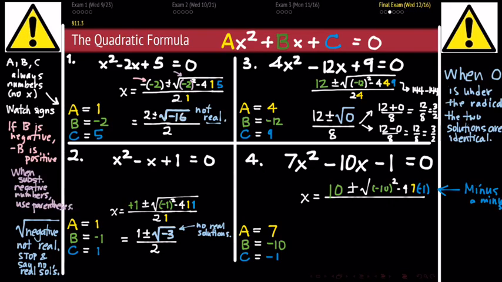So underneath that radical, what I really have, just to skip ahead a little bit, is going to be 10 plus or minus the square root of 100 minus negative 28, but minus negative 28 is the same as plus positive 28. So very common source of sign error in the quadratic formula. The most common, I would say, source of sign errors in the use of the quadratic formula. And then downstairs we have 2 times 7.